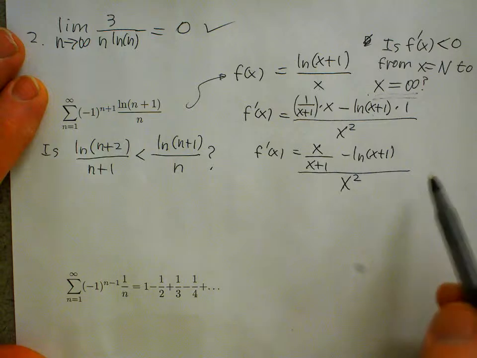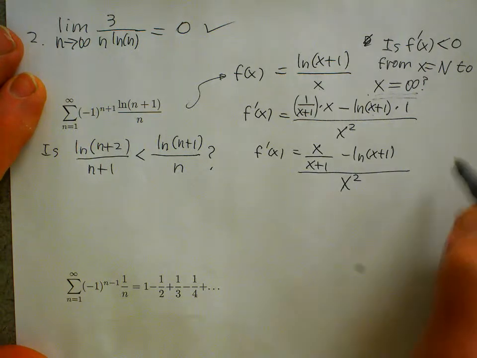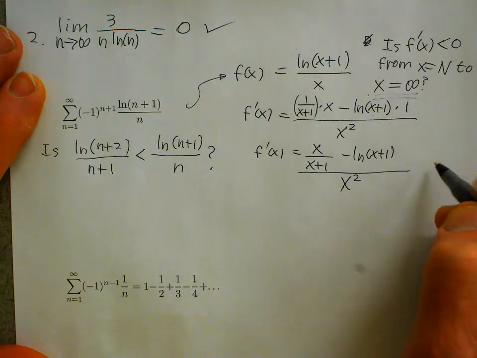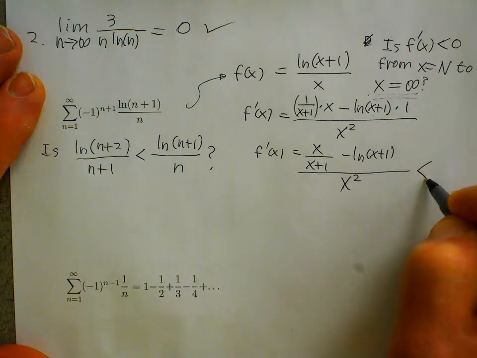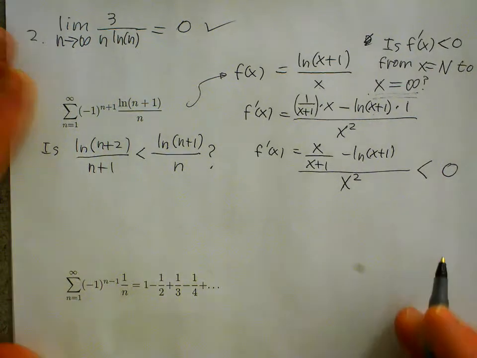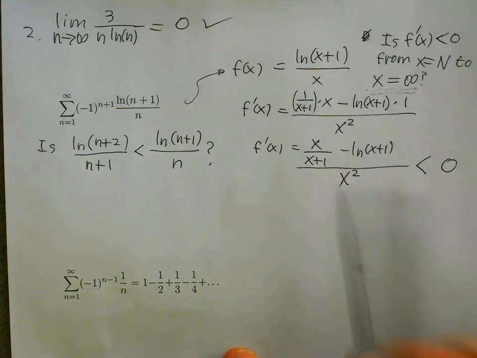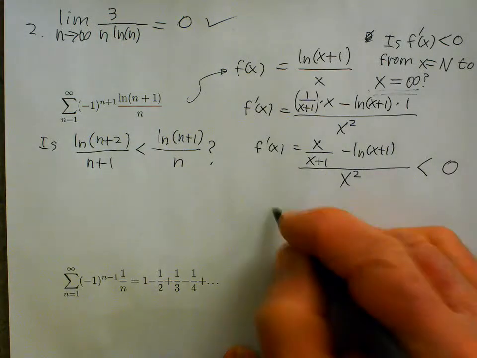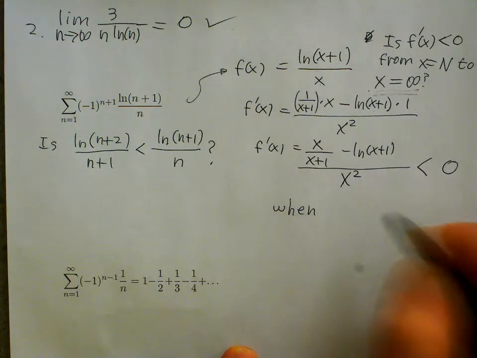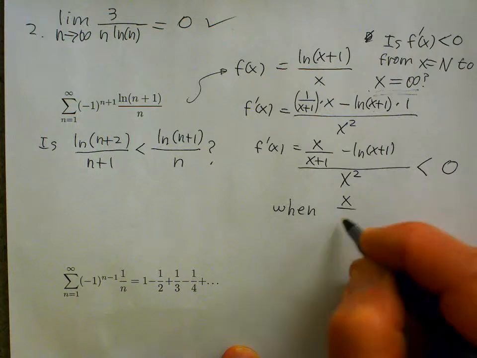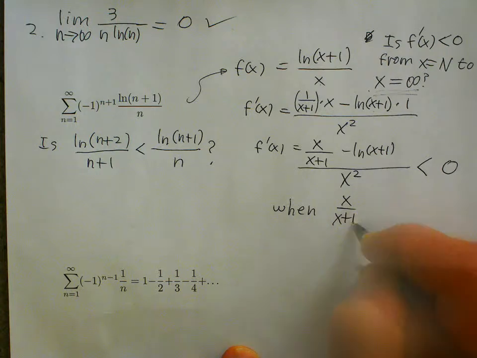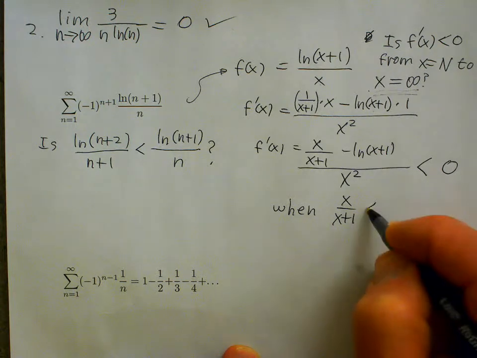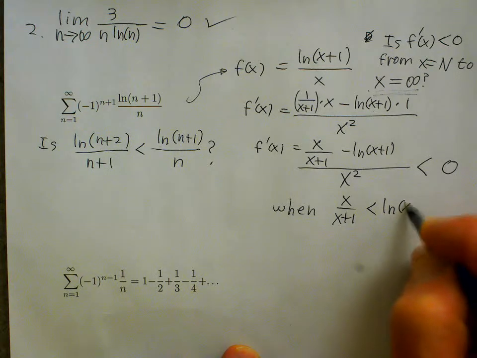So I think we just about have this figured out. This derivative will be less than 0, or negative, when x over (x plus 1) is less than the natural log of (x plus 1).